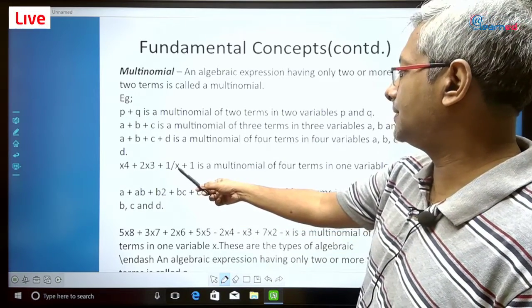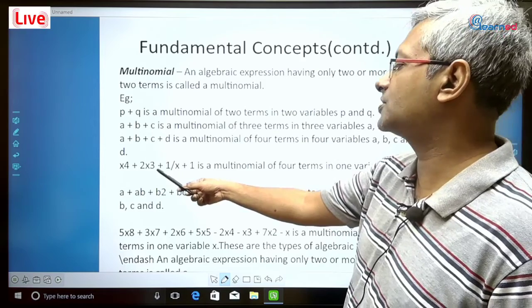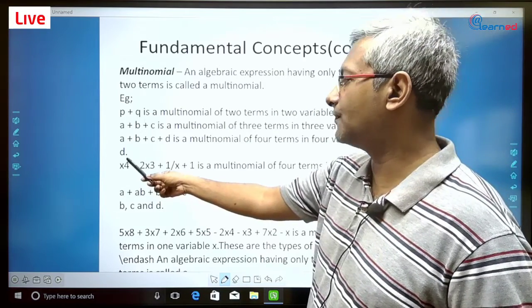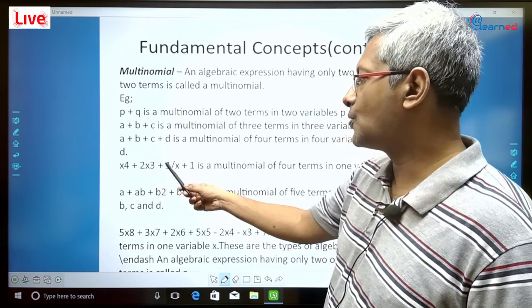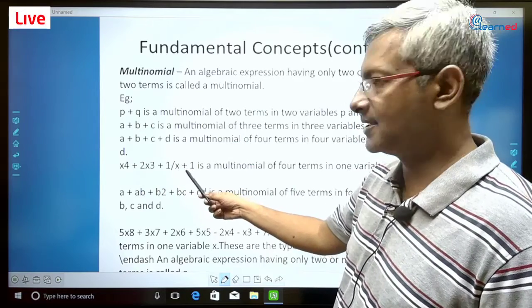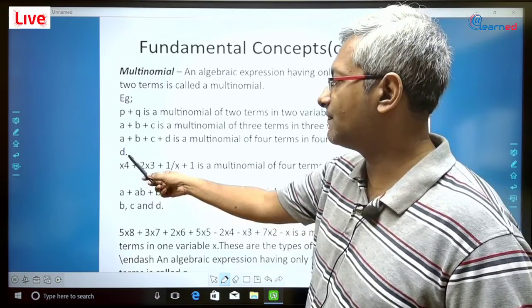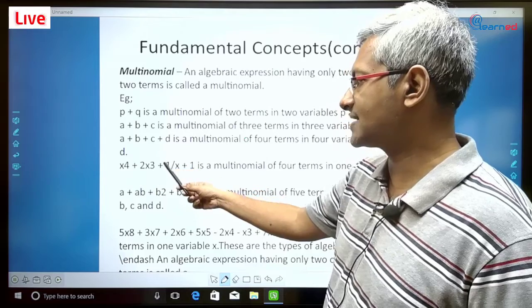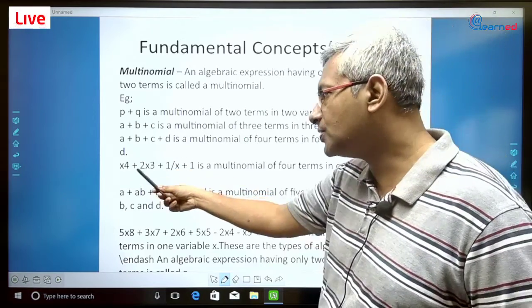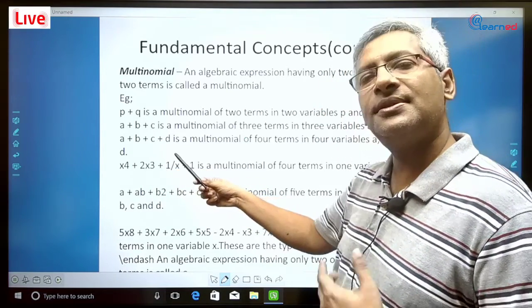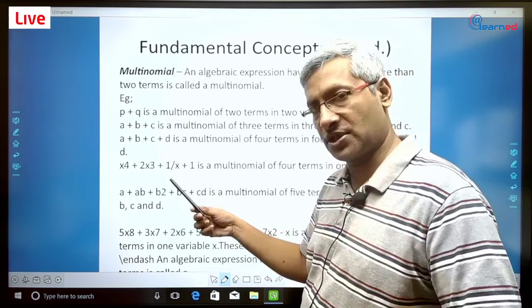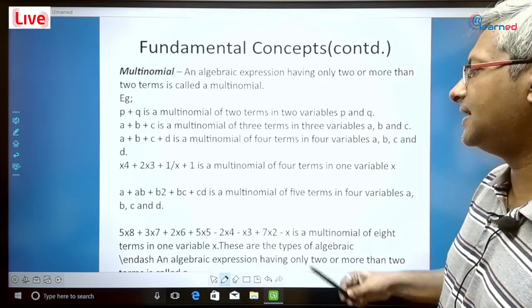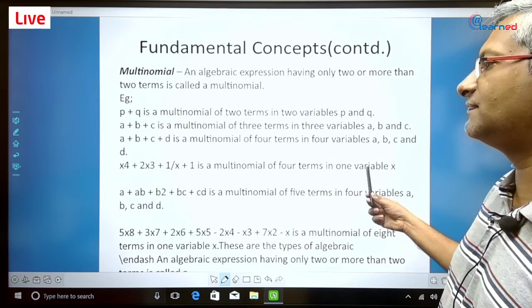Another multinomial of four terms is x to the power 4, 2x cubed, plus 1 by x plus 1. There are four terms over here, so it's a multinomial of four terms in one variable x.